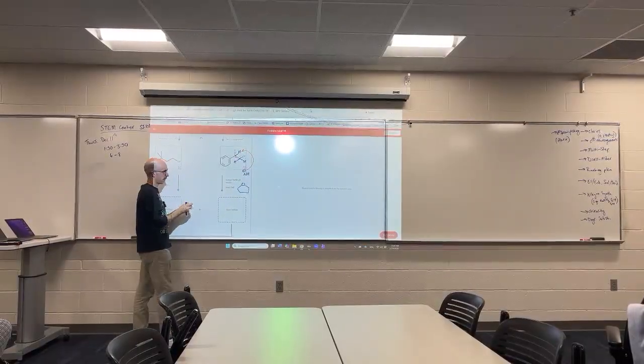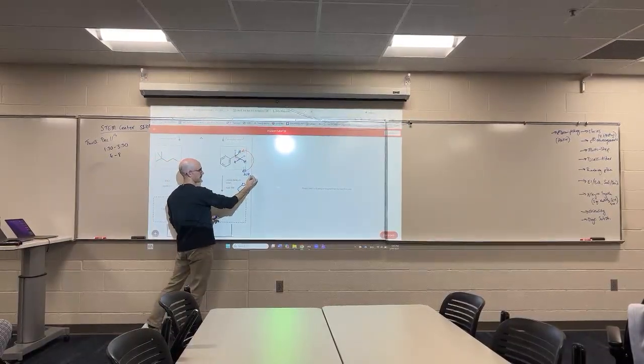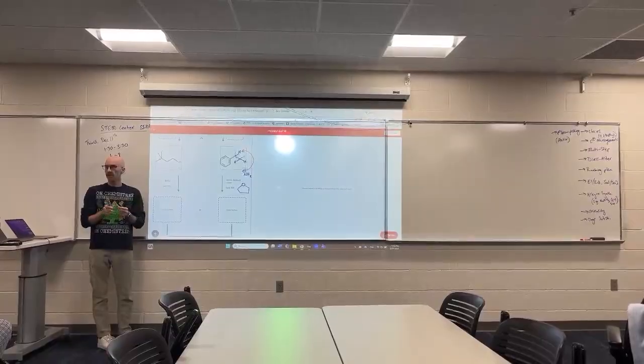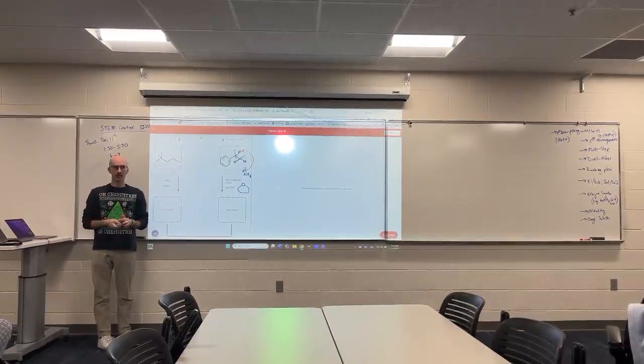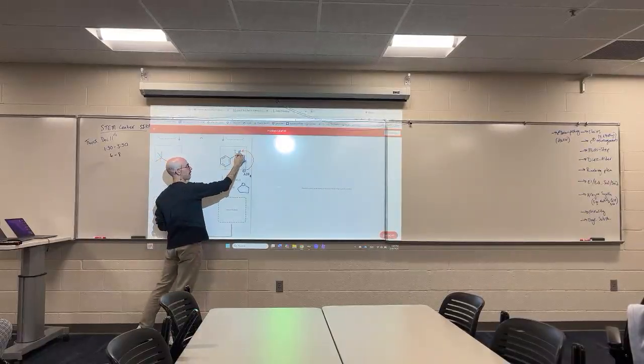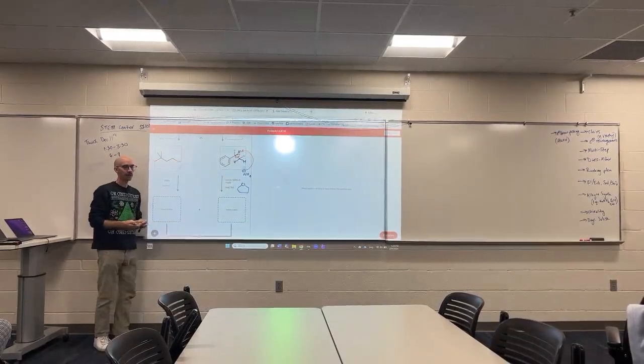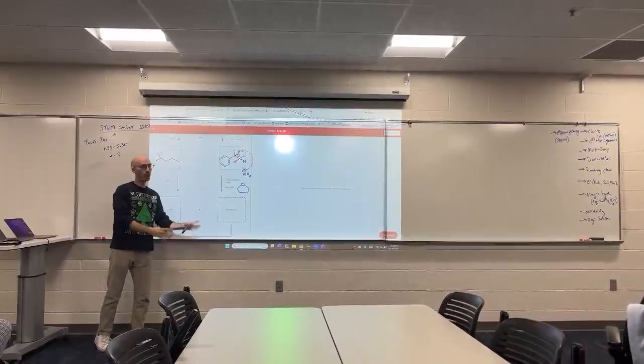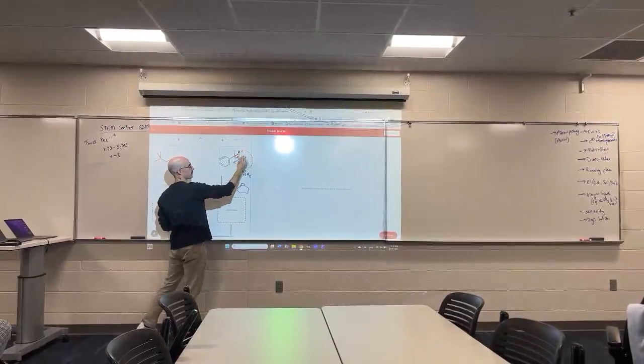Oops, sorry. I forgot my 2 on my NH2. That's part of my E2 elimination. Base deprotonates. CH bond forms a CC double bond, and this cascade pushes off a leaving group.